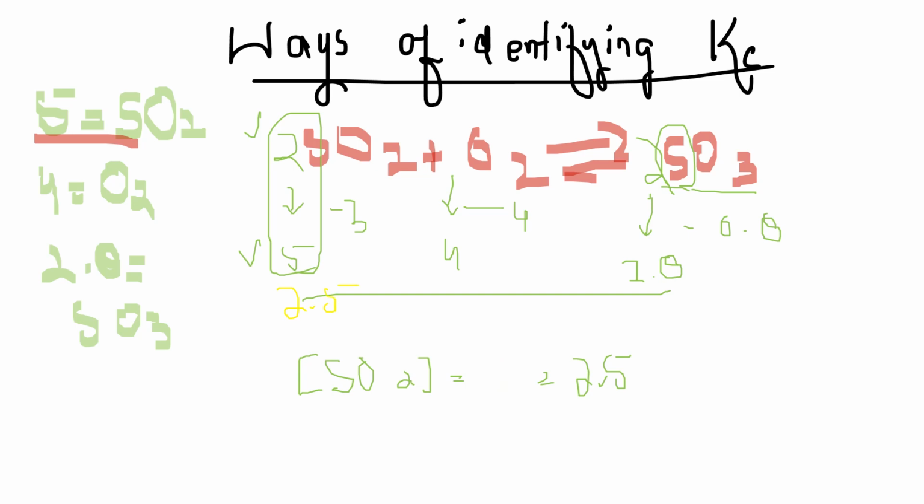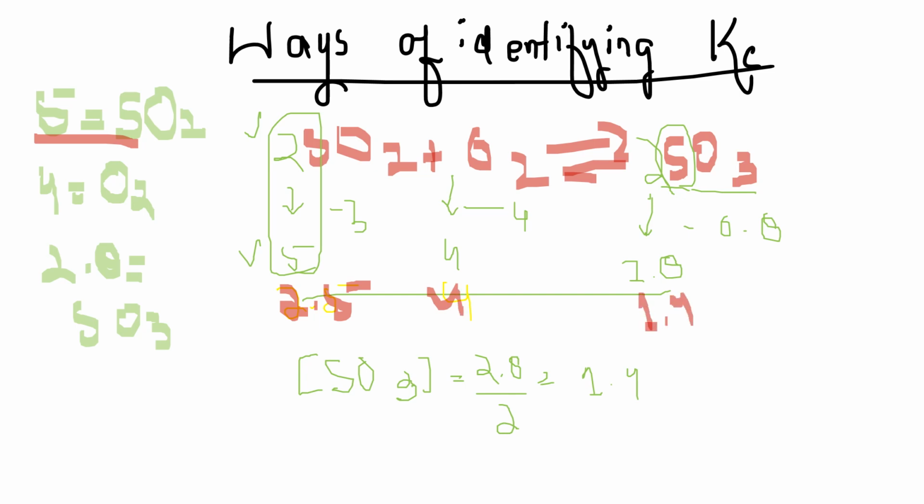After that, we have to write the concentration of O2, which is 4, of course. After that, I have to write the concentration of SO3. It will be 2.8 upon 2, and that will be equal to 1.4. So now we are done with the concentrations. Let me highlight these concentrations: 2.5, 4 and 1.4.